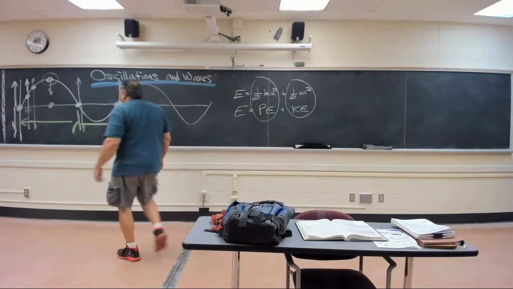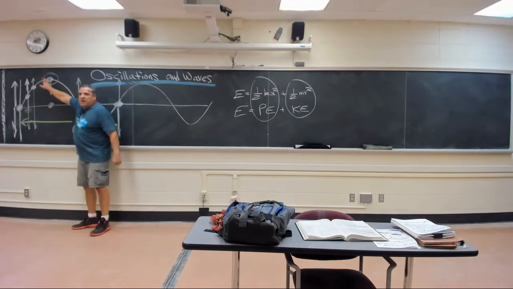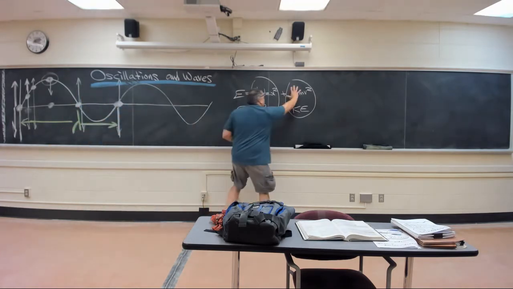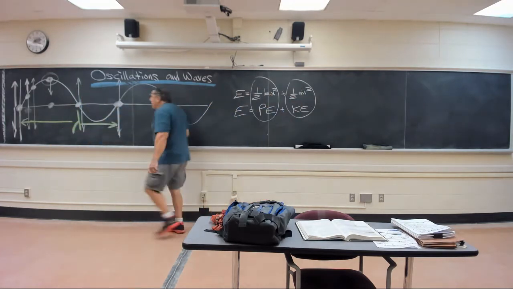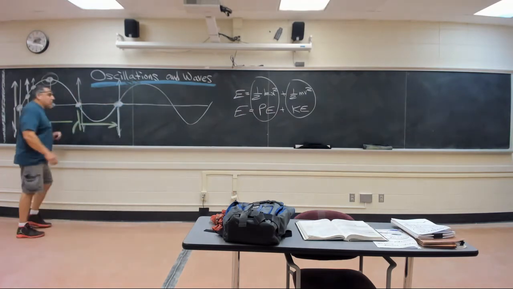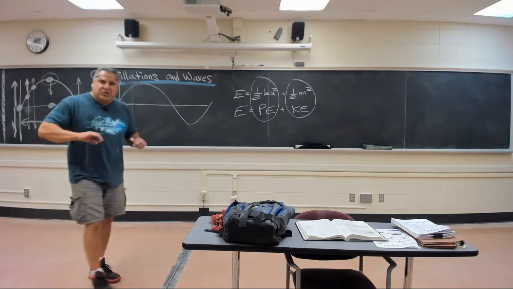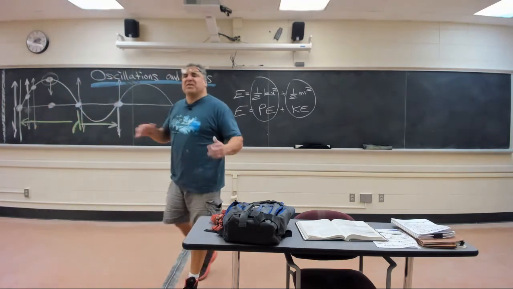This is like at the very edge of the spring. Hey, it isn't moving right here. It isn't moving at all. It's all potential energy. Down here, it's all potential energy, no kinetic energy. That's 1/2 kx squared and none of this. Whereas right through the middle, it's like going right through the middle of the spring system. The spring is not stretched, nor is it compressed.